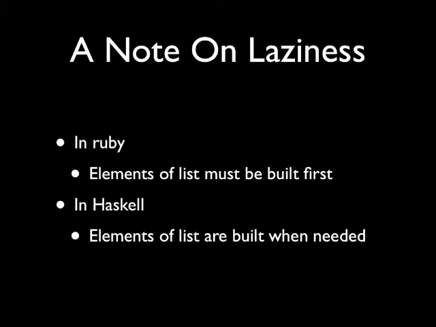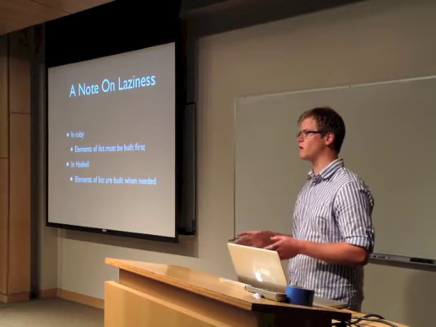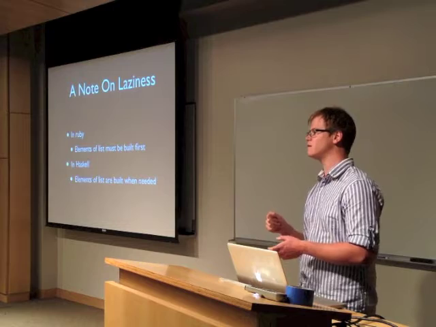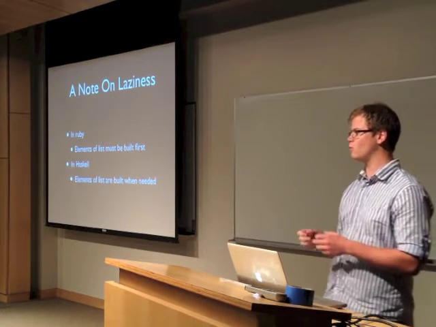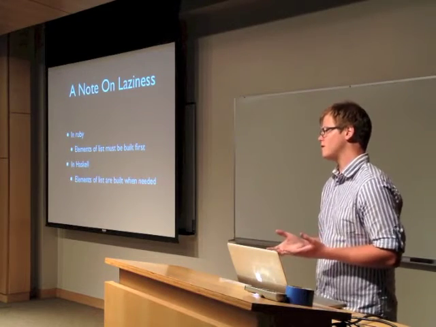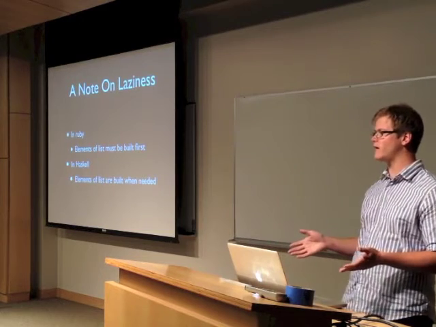So, when you're in Ruby, if you have a list, every single one of those values has already been computed, and you know that it's there and you can access it. But in Haskell, we're building this recursive data structure, and the Haskell implementation can choose to not actually evaluate anything.